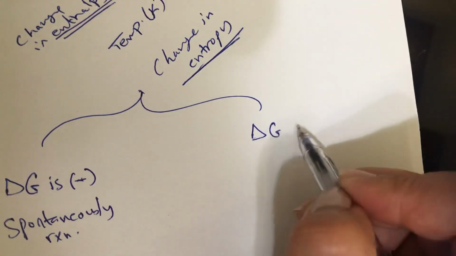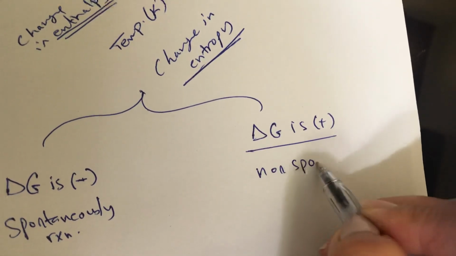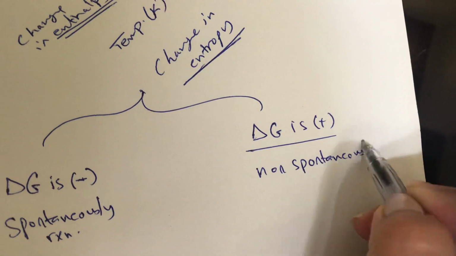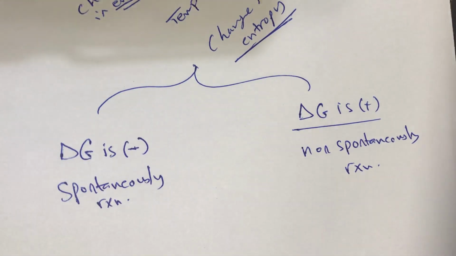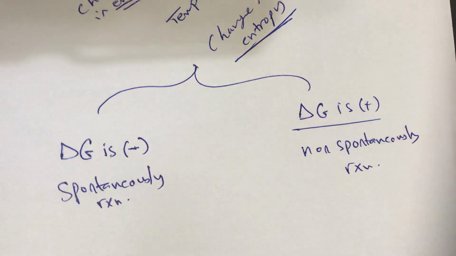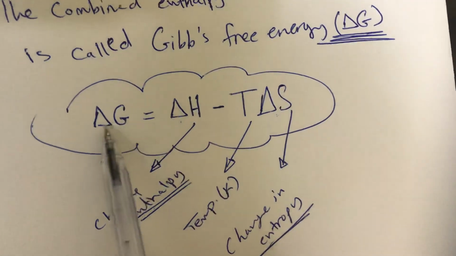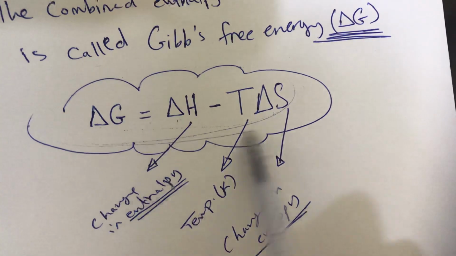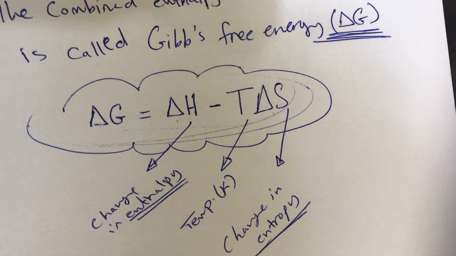If delta G is positive, it's a non-spontaneous reaction. So before the examples, according to this rule, in which case is delta G negative, and in which case is delta G positive?